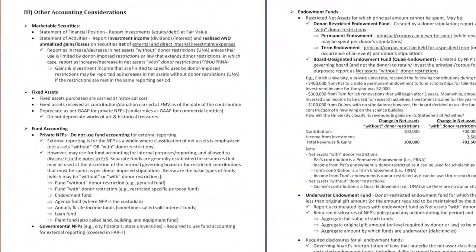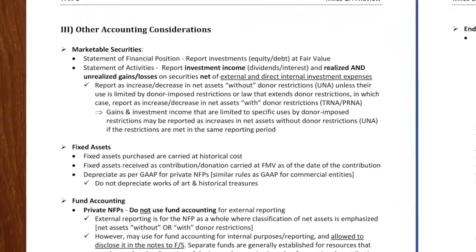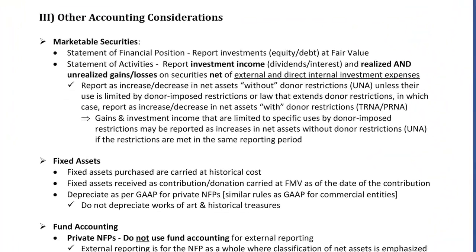On page 58, we're looking at a few accounting considerations for not-for-profits. Highlight marketable securities. And on the statement of activities, highlight investment income, that could be dividend or interest income, and realized as well as unrealized gains and losses.